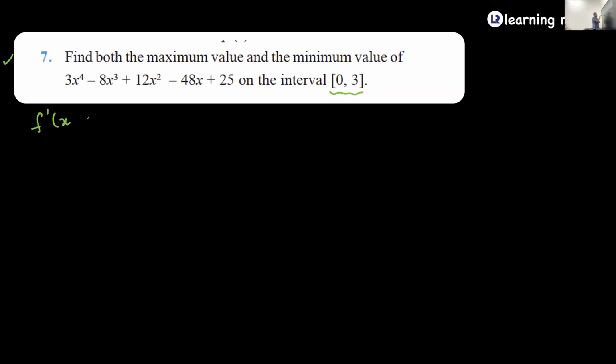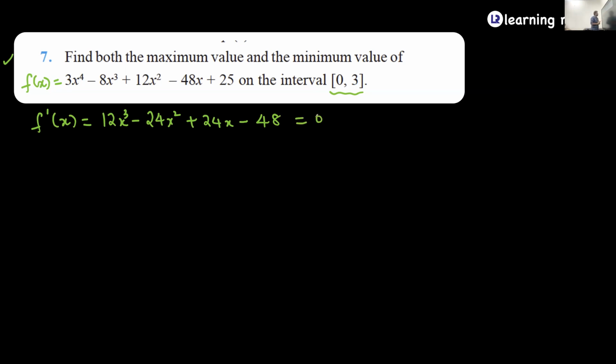If I take f dash of x, 3x power 4 derivative is 12x cube, minus 8x cube is going to be 24x square. So 12x square derivative will be 24x, minus 48x derivative will be 48, plus 25 is 0.